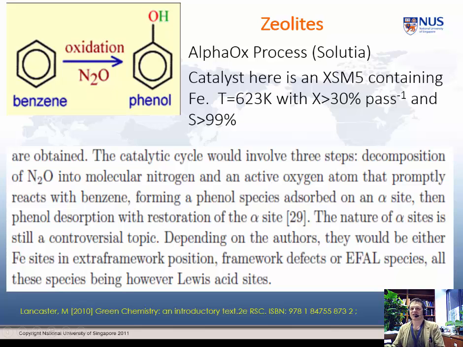I'm not going to keep going through all of these. It's simply useful to give you an idea of the range of catalytic processes that zeolites are involved in.